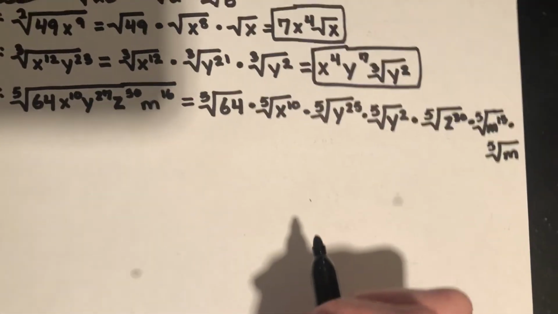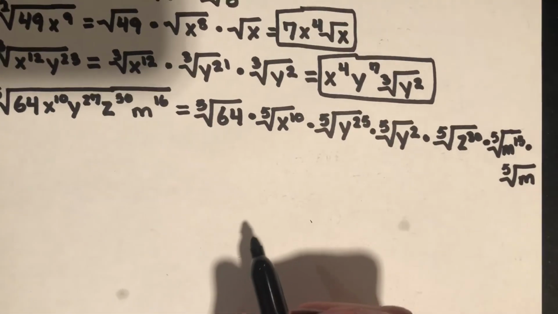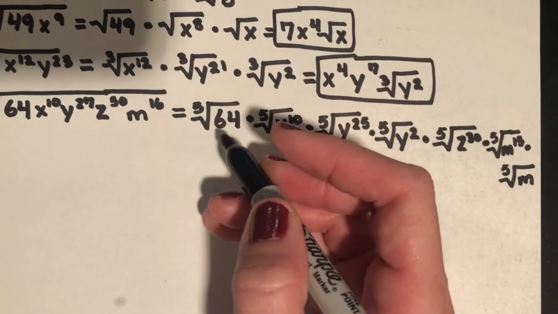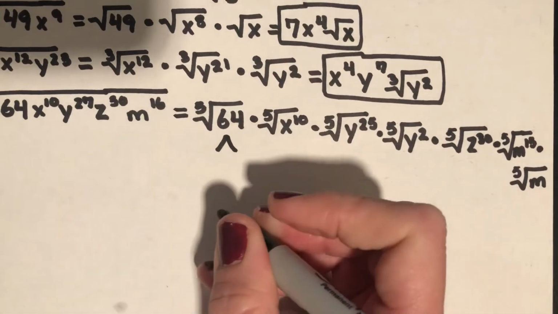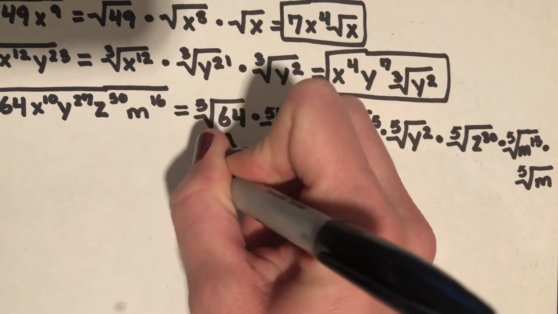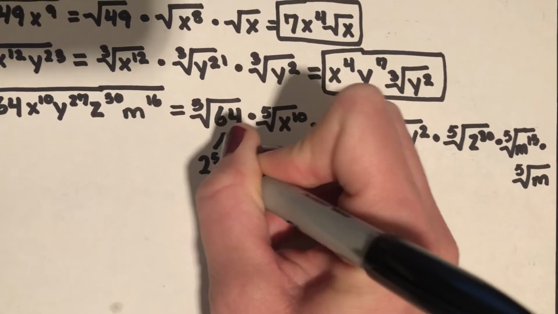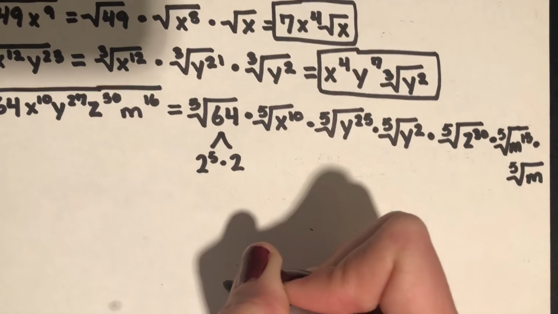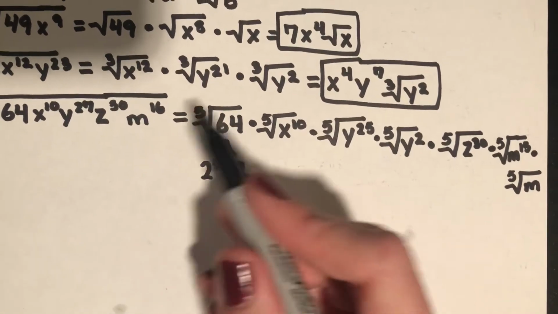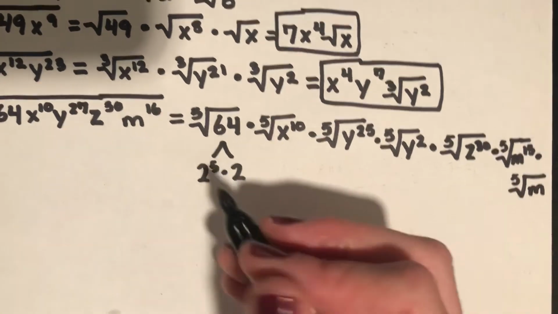Okay, let's simplify. Well, 64 does not have a 5th root. So we're going to break this up. If we use our little factor tree here, we're going to break that up into 2 to the 5th multiplied by 2. So the 5th root of 2 to the 5th is just 2.